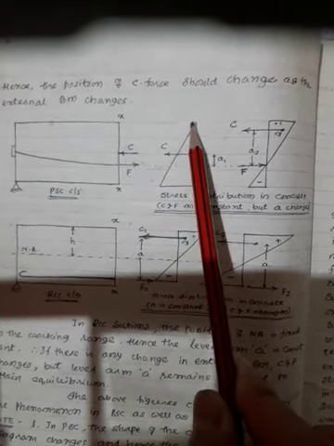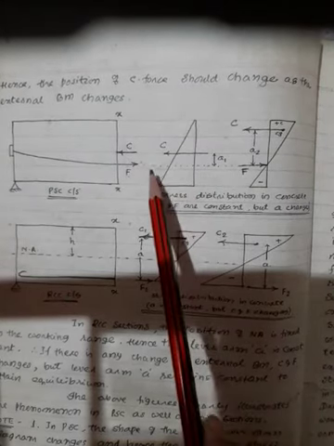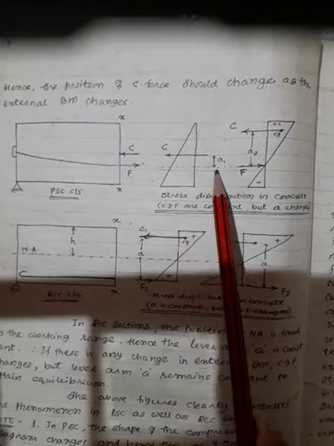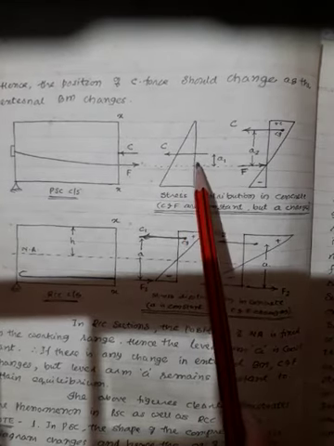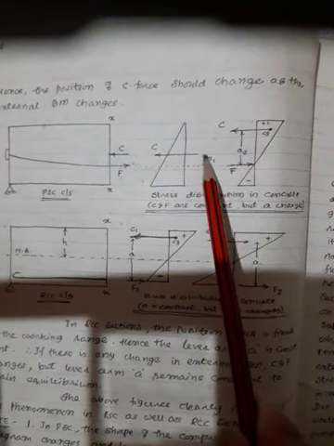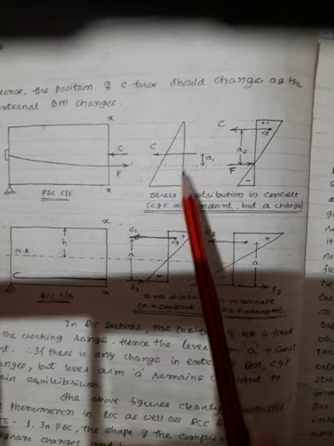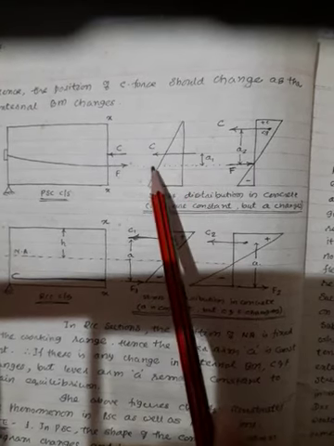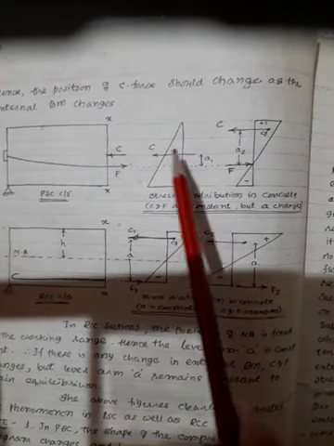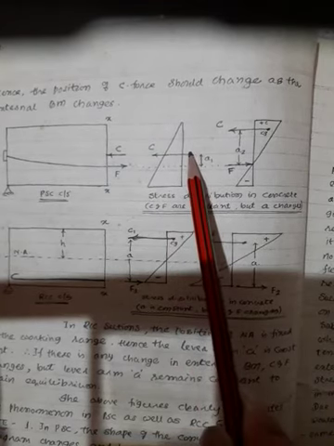If I want to show it in the stress distribution diagram, see, the F force is here. Now the C force will start shifting up. C force will act here, developing a lever arm A1. So either F into A1 or C into A1 will give me the moment of resistance.